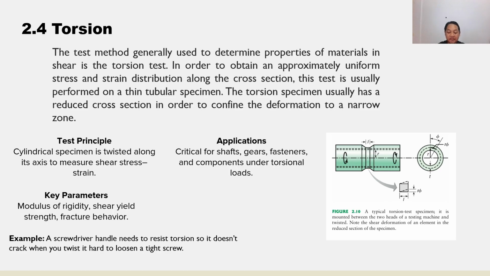Understanding torsional behavior ensures these elements can transmit power safely and reliably in machinery and vehicles. An example of torsion is a screwdriver handle, which needs to resist torsion so it doesn't crack when you twist it hard to loosen a tight screw.